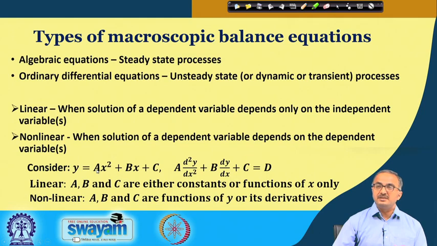Similarly, when a, b, c, d are functions of the independent variable, in that case also we have a linear equation. So, that means these a, b, c, d should be either constants or functions of the independent variable, whereas they will be nonlinear if these a, b, c, d are functions of the dependent variable, that is, they are functions of y itself. Okay.